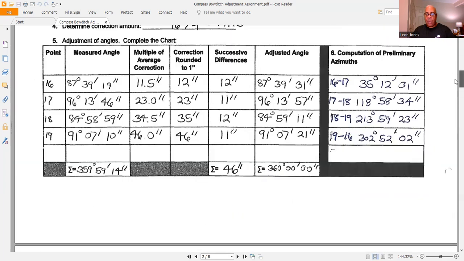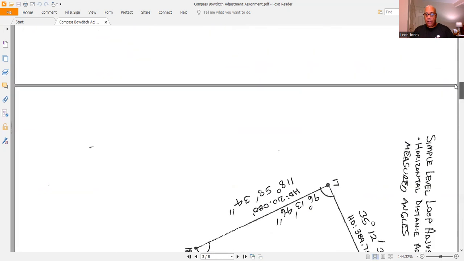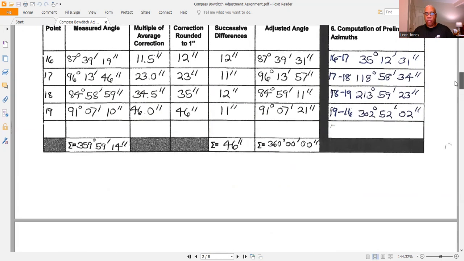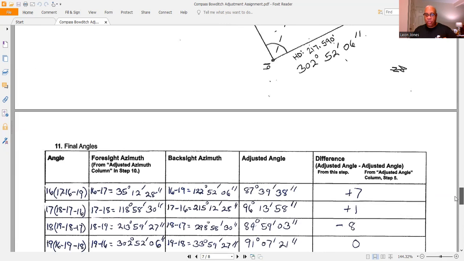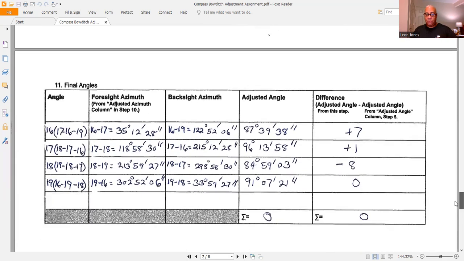Now, going back to 96, 13, 57. Well, I had to add a second to my final adjusted angle, and that's where I came down with 9613.51.